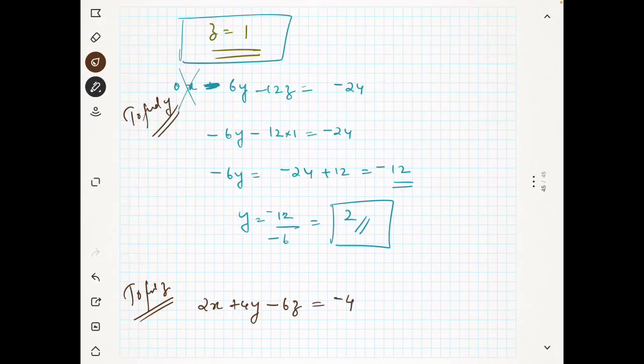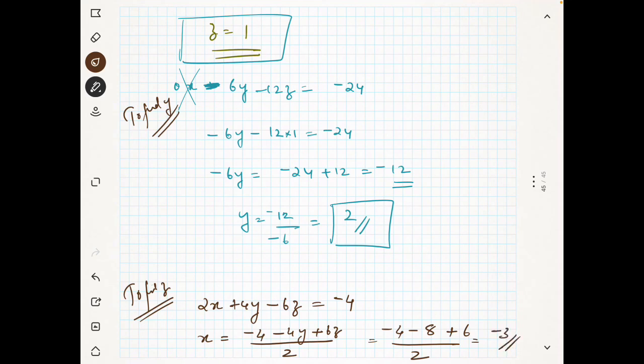So x is equal to minus 4 minus 4y plus 6z, divided by 2. So you will get minus 4 minus 4 into 2, which is minus 8, plus 6 times z equal to 1, so plus 6, divided by 2. So it is nothing but minus 3. You will get the answer as minus 3. So you got the values of x, y and z.